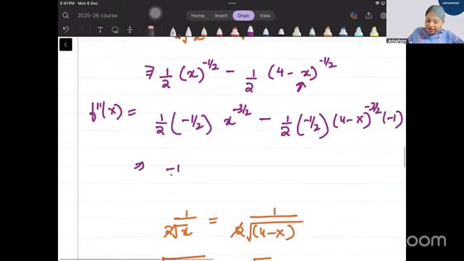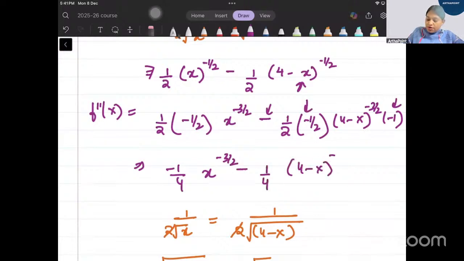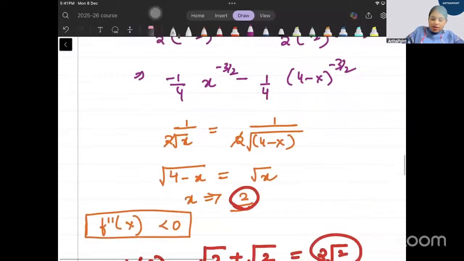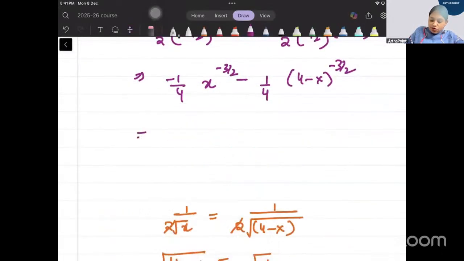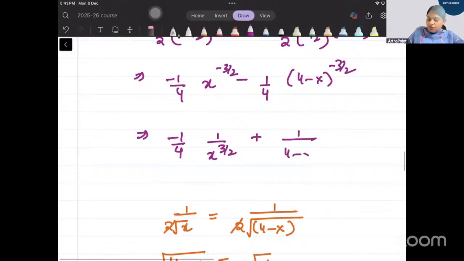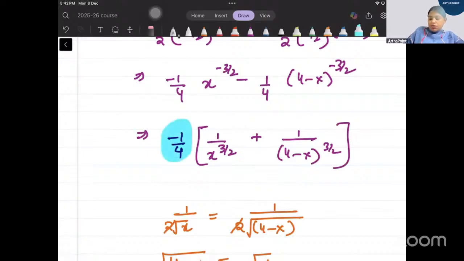So you get minus 1 by 4, x to the power minus 3 by 2, minus minus minus, so you get a minus 1 by 4, 4 minus x to the power minus 3 by 2. So there is a negative minus 1 by 4 which can be taken out common: 1 by x to the power 3 by 2 plus 1 by 4 minus x to the power 3 by 2. It's a negative, right? So less than 0.